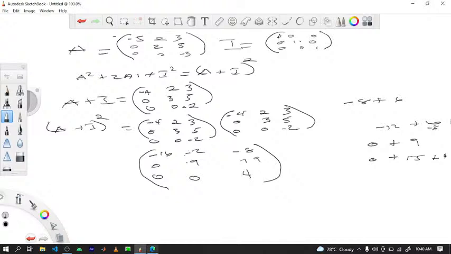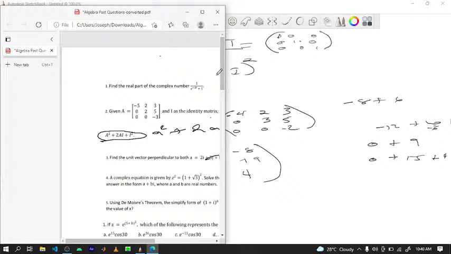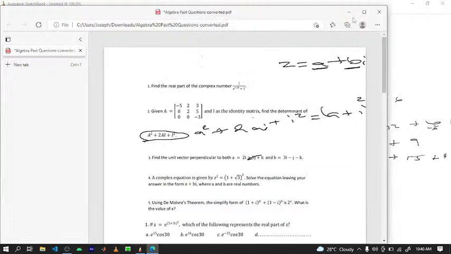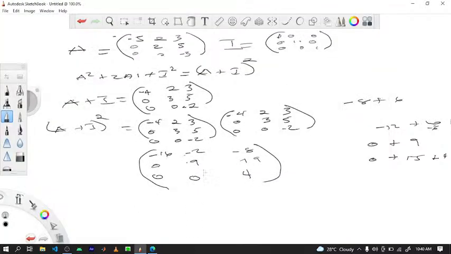But the initial question, if you check the initial question, it says that we should find what? The determinant of that square. So the determinant here, if you look closely, the matrix we have here is an upper triangular matrix, right? And for triangular matrices, if you are finding the determinants, it's simply the multiplication of all the terms on the diagonal, right?